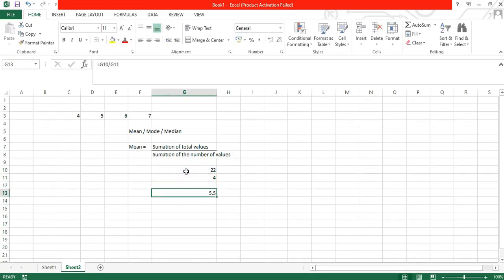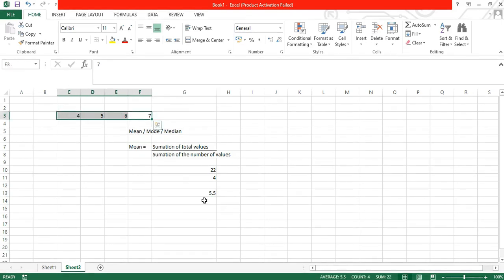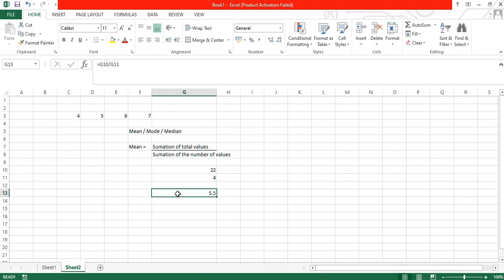5.5. Now, a reader will look at this data and say, oh, 5.5 is the mean, which means the average number in this data set is 5.5.